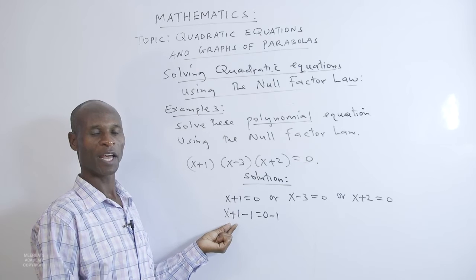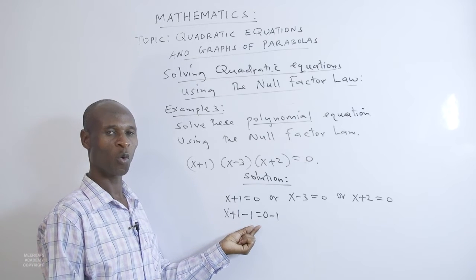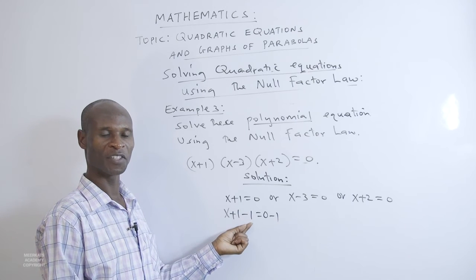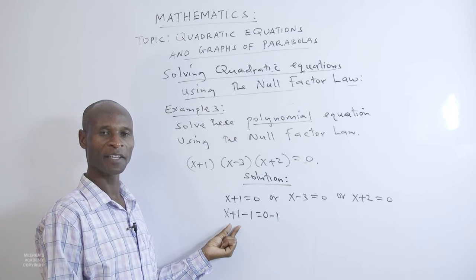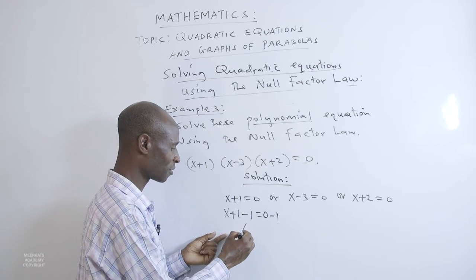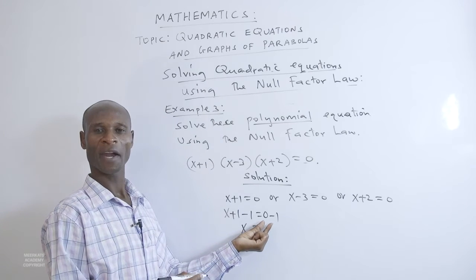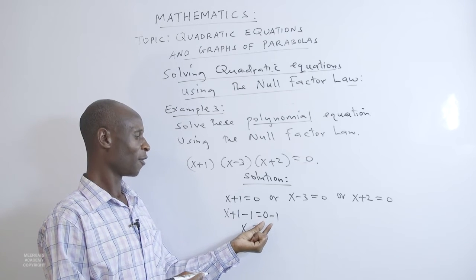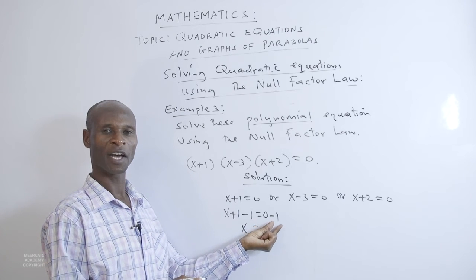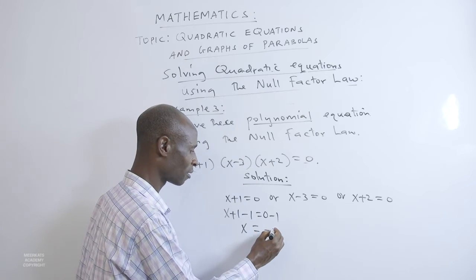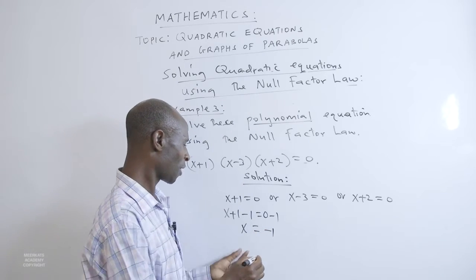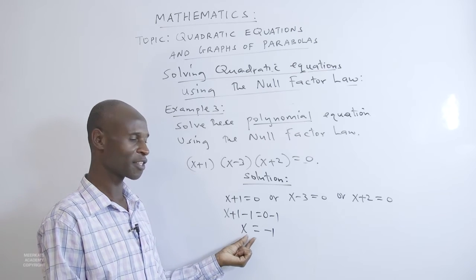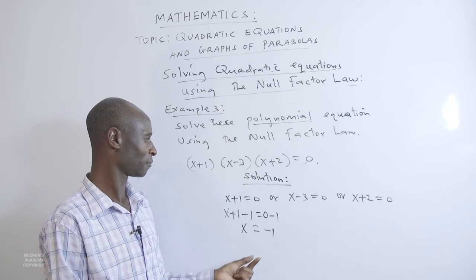That is x plus 1 minus 1 equals 0 minus 1. So 1 minus 1 is 0. So on the left-hand side, we shall remain with x. What about the right-hand side? Which value will be on the right-hand side? On the right-hand side, we shall have 0 minus 1, which is minus 1. So the solution to the first linear factor x plus 1 is x is equal to minus 1.